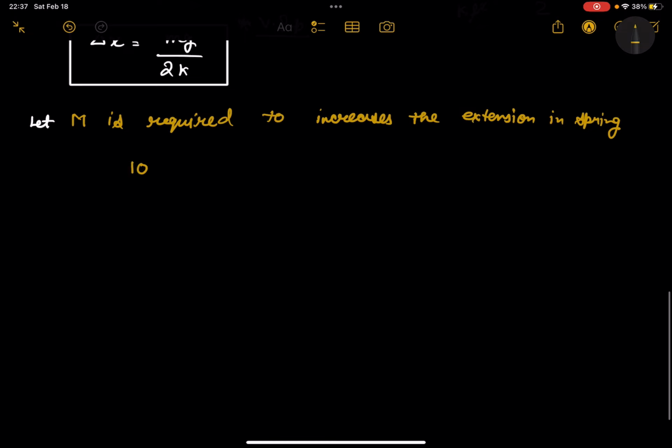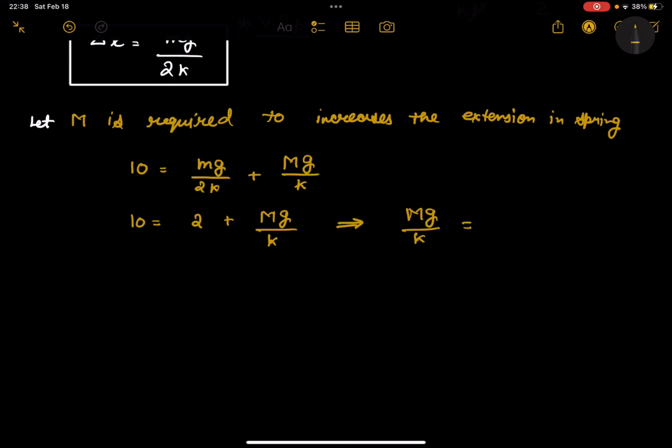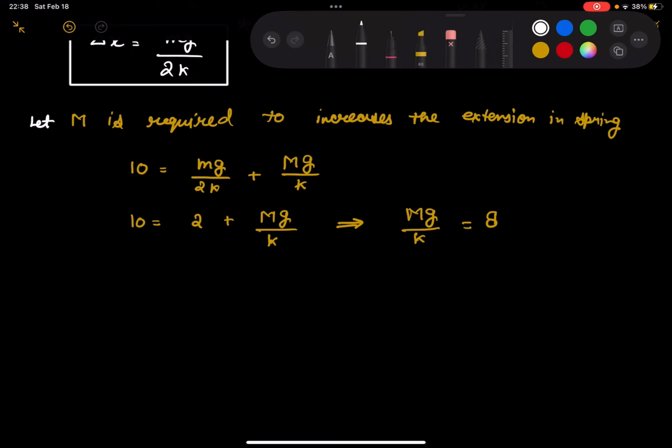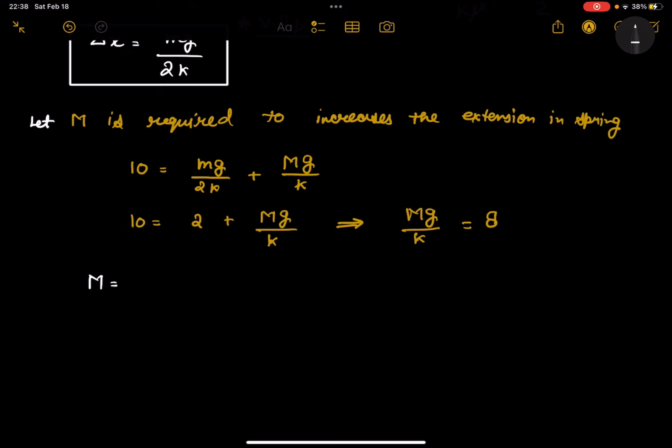So 10 centimeter extension is, first of all, because of its own weight, mg by 2k, plus capital Mg by k also. In this question, mg by 2k is given as 2 centimeter. So I can write 10 is equal to 2 plus Mg by k. Finally, Mg by k is equal to 8 centimeter. So now the mass M is equal to 8k by g.